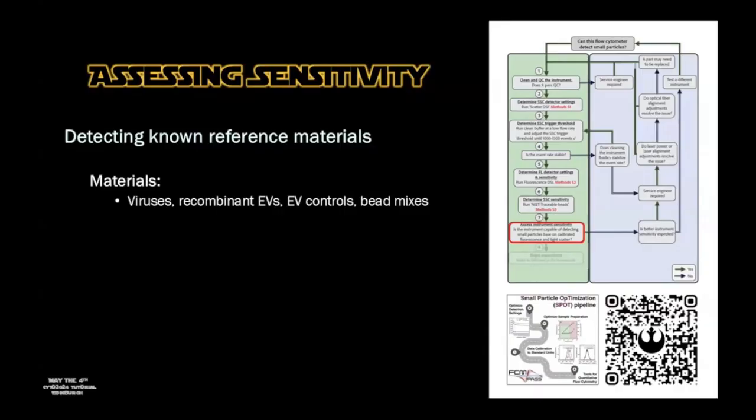These are commercially available and consistent, so that you can purchase them over time. Any number of these materials you should be able to run on your cytometer and maybe reference to literature to know whether these should be detectable on your particular platform. And if they aren't, then you can perhaps go back to the manufacturer and get some engineers to help you tweak the alignment on the instrument.